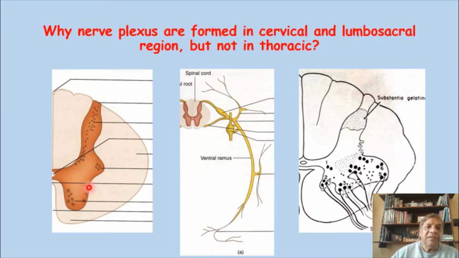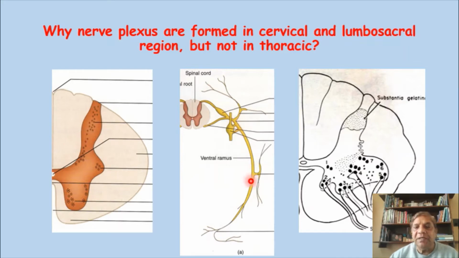They give rise to the intercostal nerves between T2 and T12, which form a typical spinal nerve which supplies, through the dorsal ramus, the skin and muscles present on the dorsal aspect.